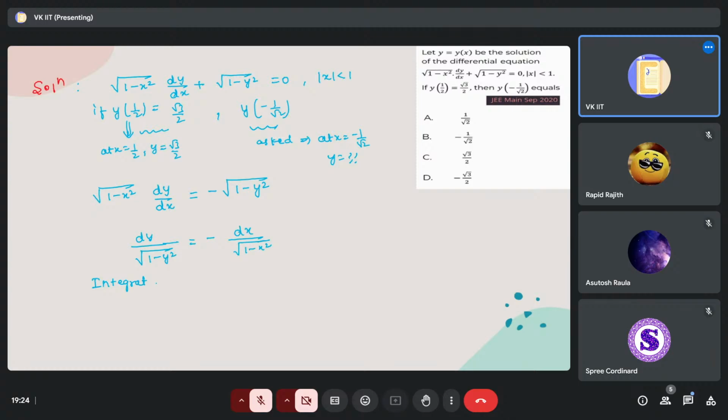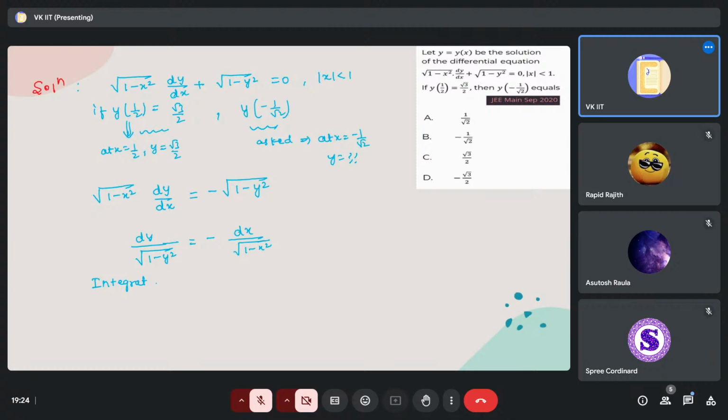You might remember this direct formula: the integration of 1 upon under root of 1 minus x square dx is sine inverse of x. If it is y, it will become sine inverse of y. So here it will become sine inverse of y is equal to minus sine inverse of x. Actually, it is x by a, but a is 1, so we can take x directly. Plus c.